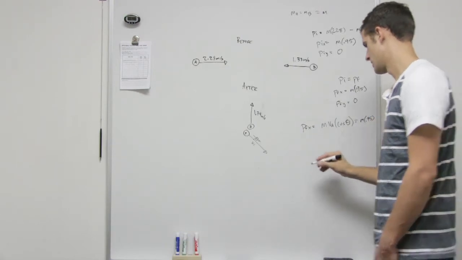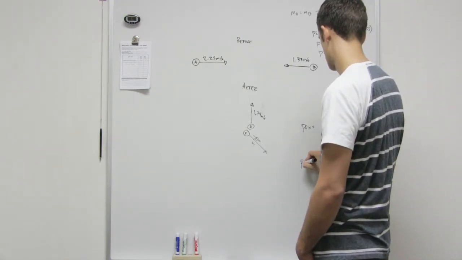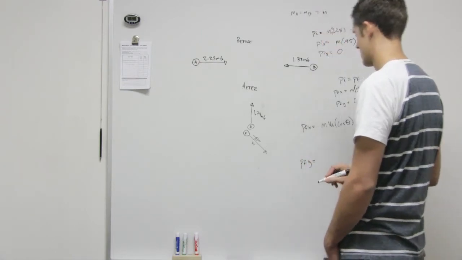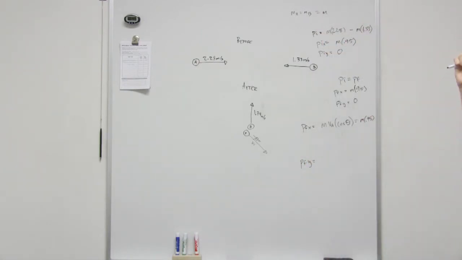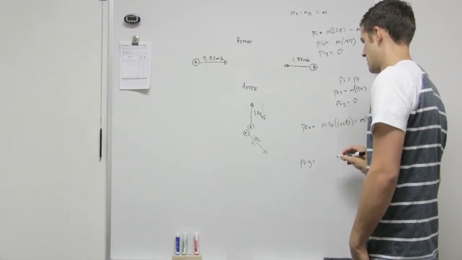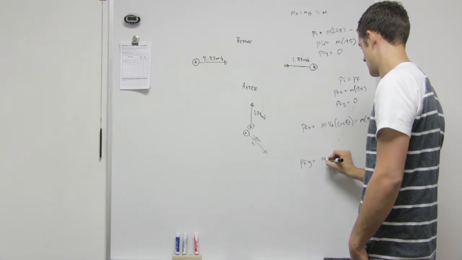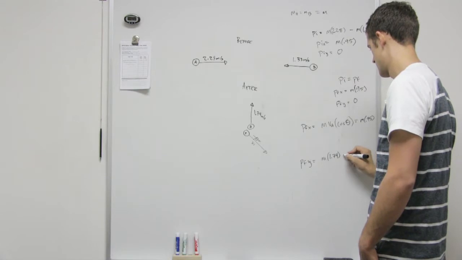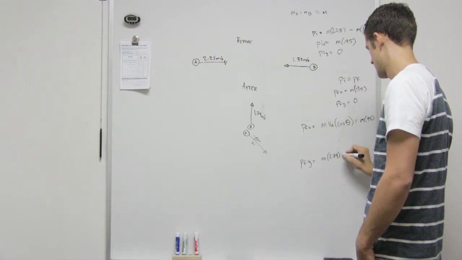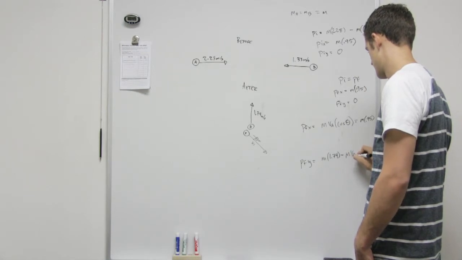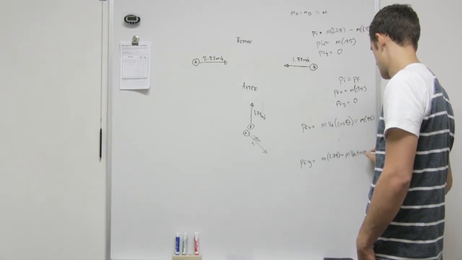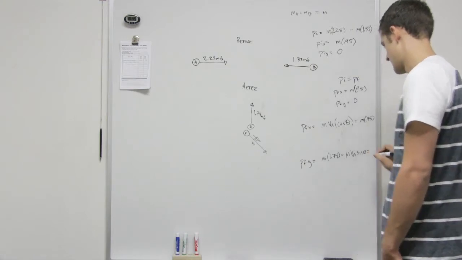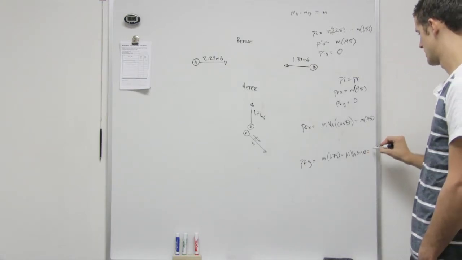And then what about our y direction? It'd be m times 1.74, minus m v_A sine theta, and that's all equal to 0.